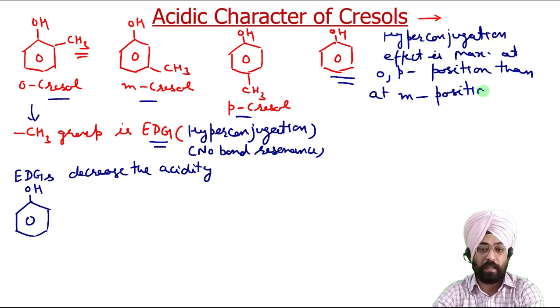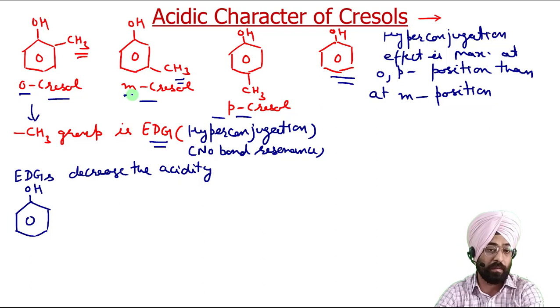The methyl group is an electron donating group, so it will decrease the acidity. This electron donation effect is maximum at ortho and para positions and minimum at the meta position. So that means metacresol will be more acidic than ortho and para.